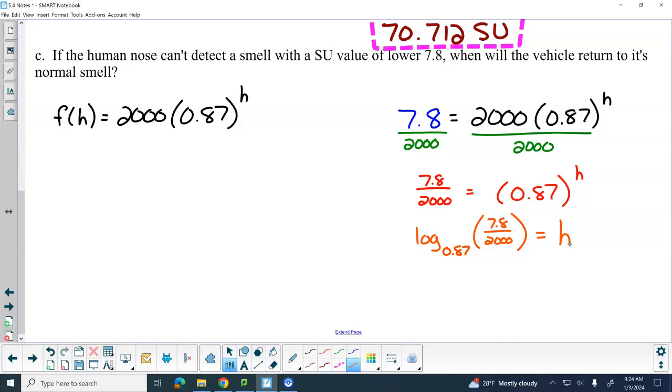Log of 7.8 divided by 2,000, divided by log of 0.87 gives me 39.82978877. So how many hours?